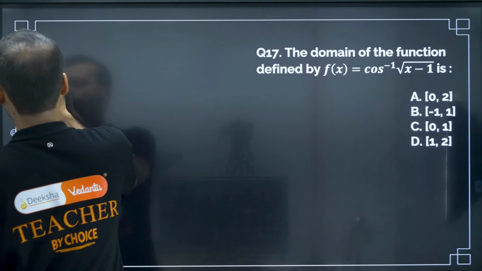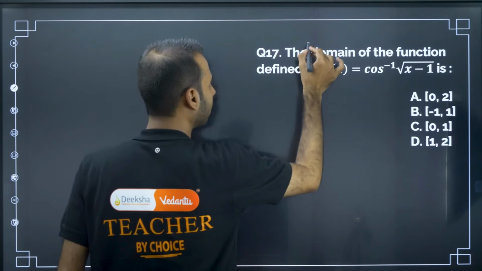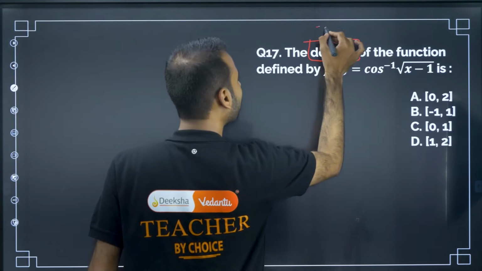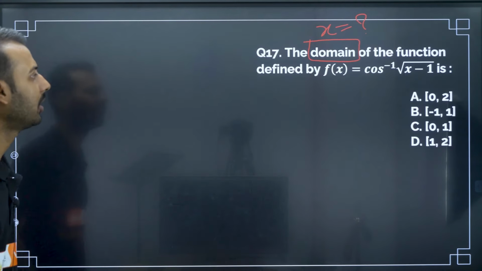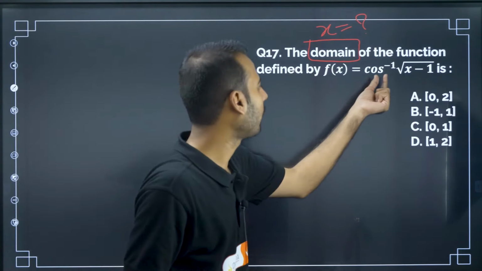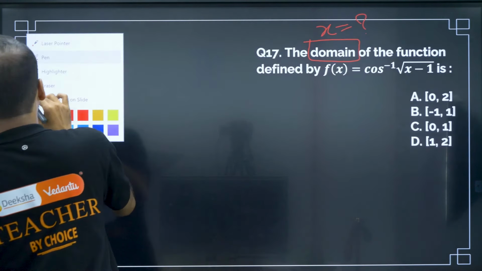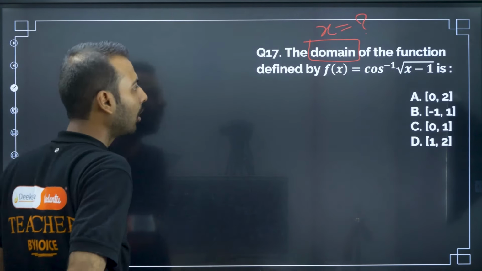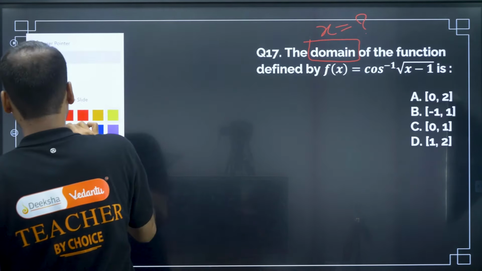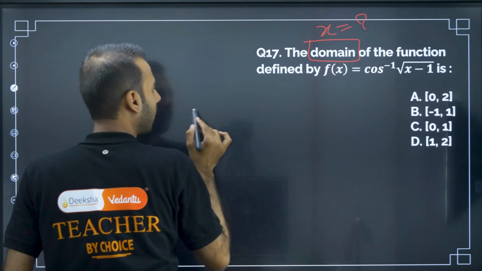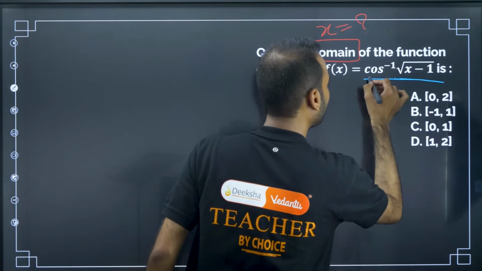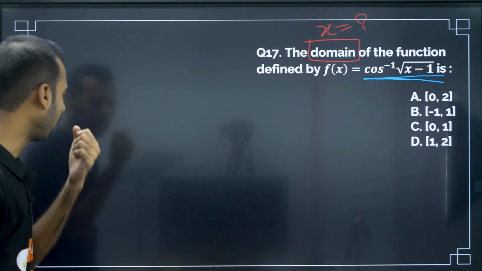The domain of, what is the question? Domain means what? x values. They are interested in the x values of the function defined by f of x is equal to one function they have given. What is that function? Cos inverse of root, all those things they have given. Now let me highlight that. This is the function. Now they are asking the domain.